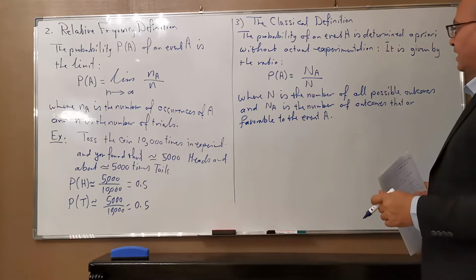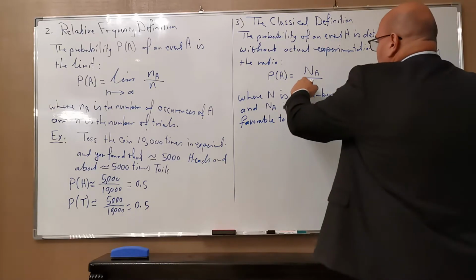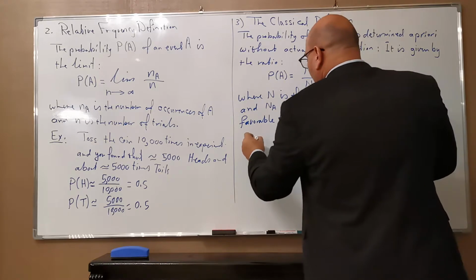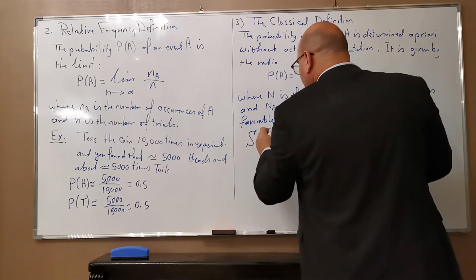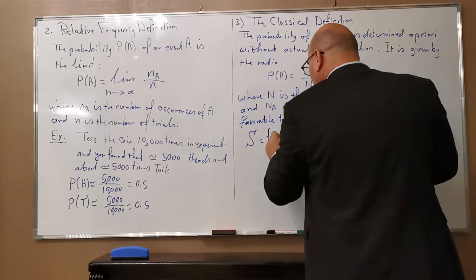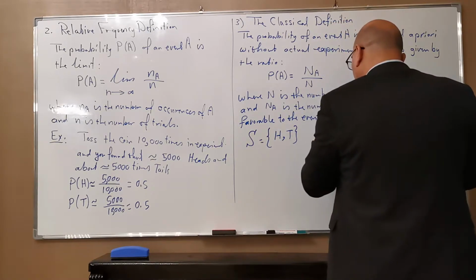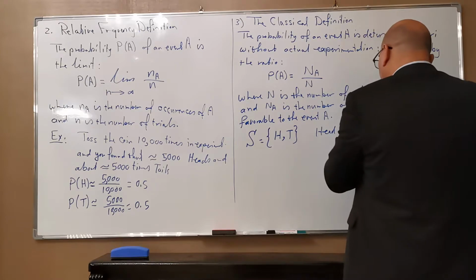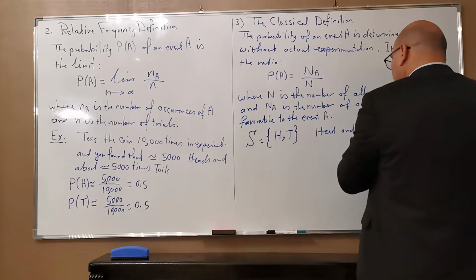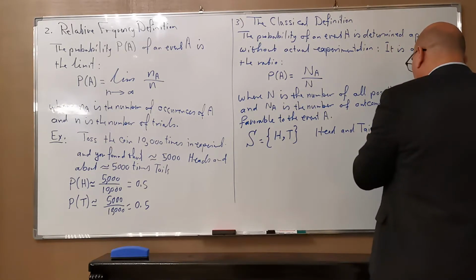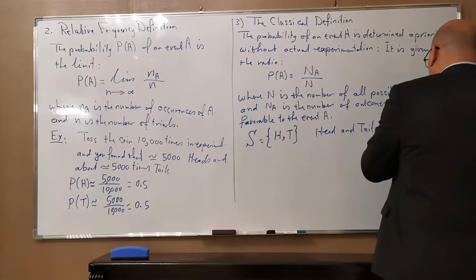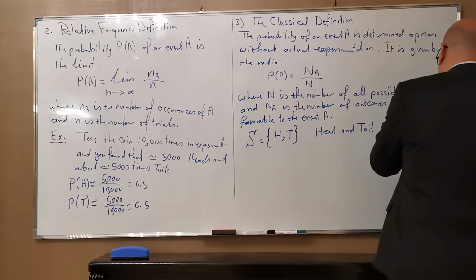Okay, let's say, very simple, if you have S for heads and tails, H and T, when you toss a coin.